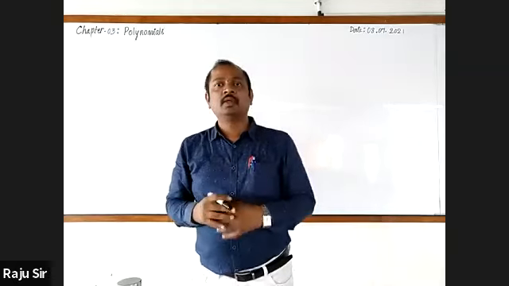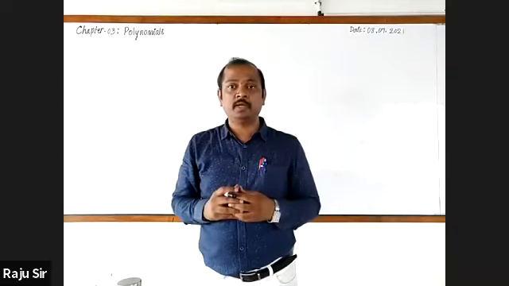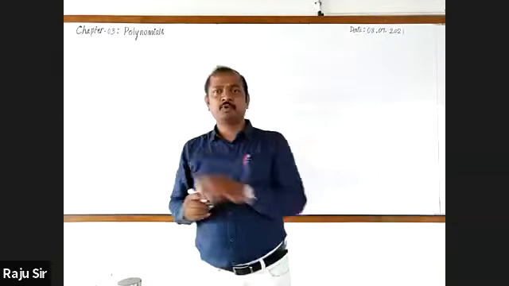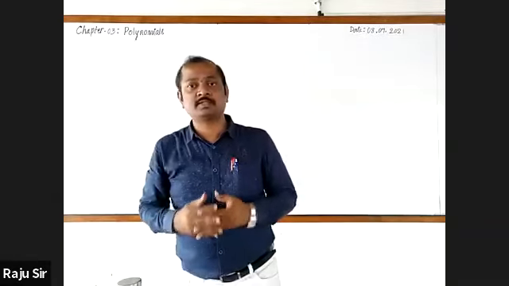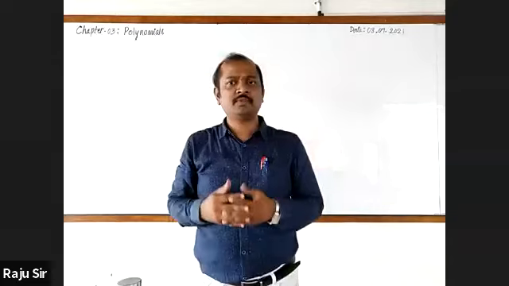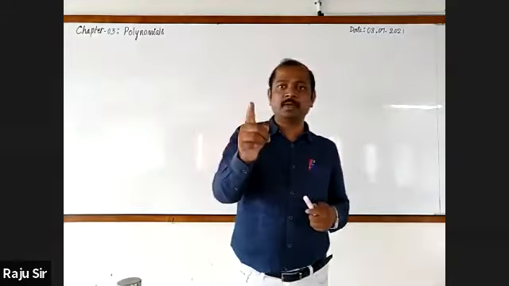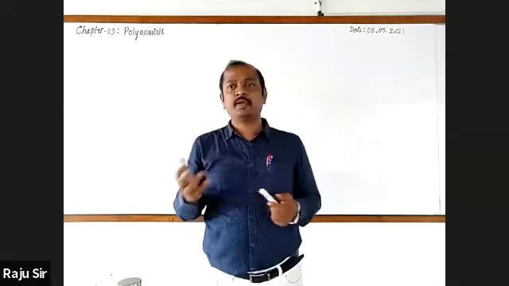Now, let's go for taking some more important quadratic polynomials which have to be factorized. And before going to that, just recall the factorization concept. First, the definition: the method of expressing the given number as the product of its factors is called factorization.